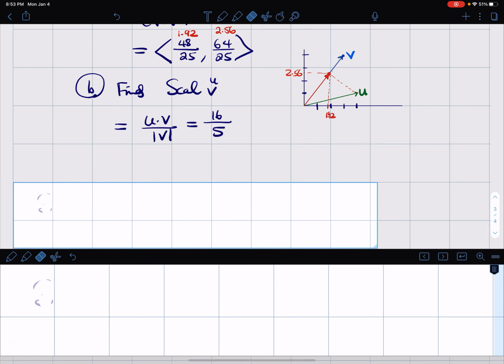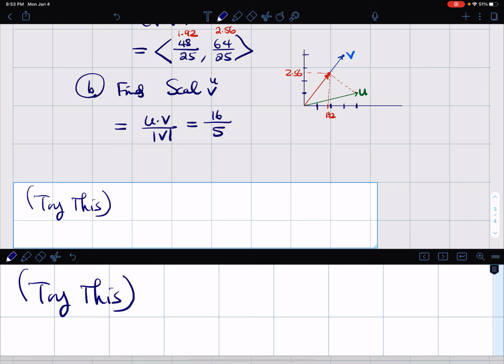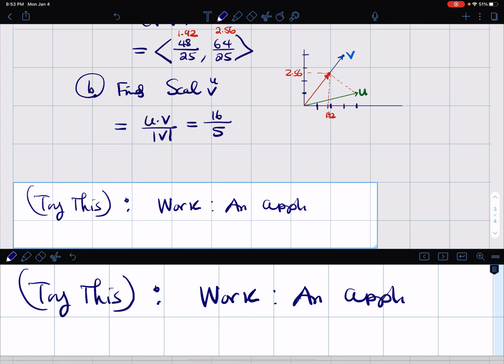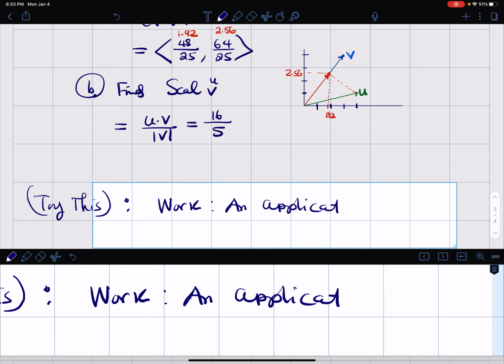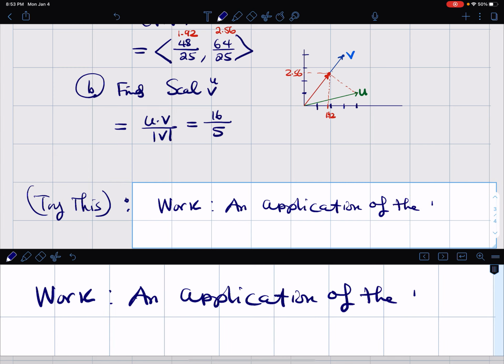This is for you. So read up on the work applications of the dot product.